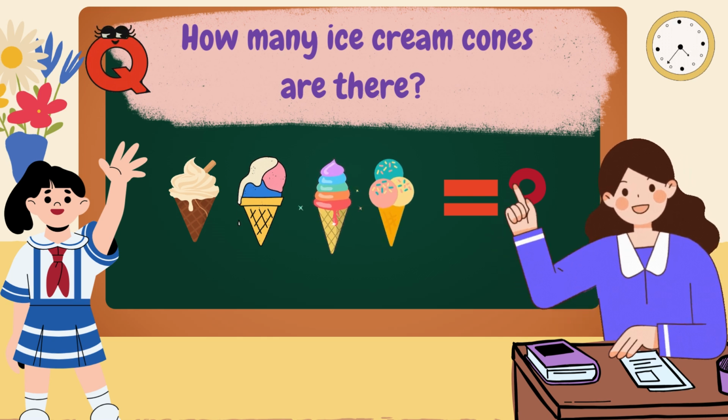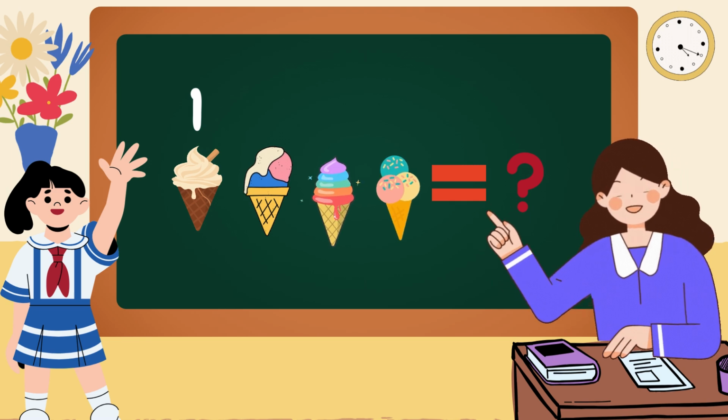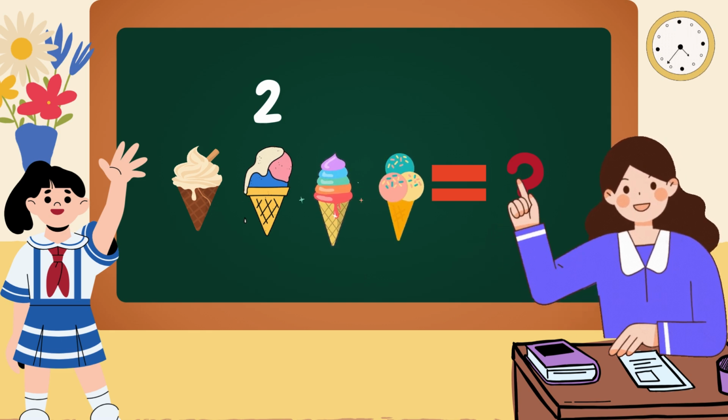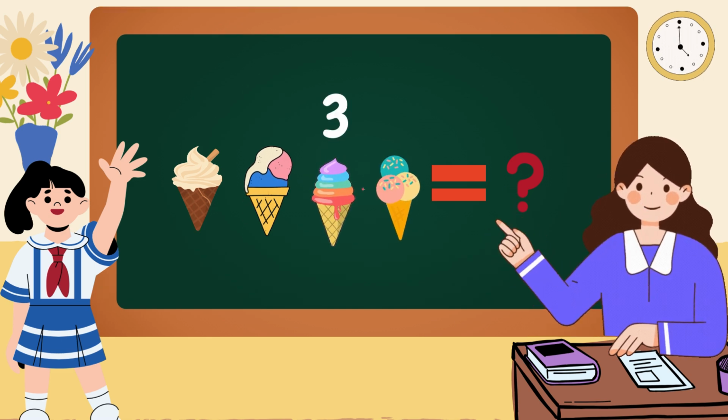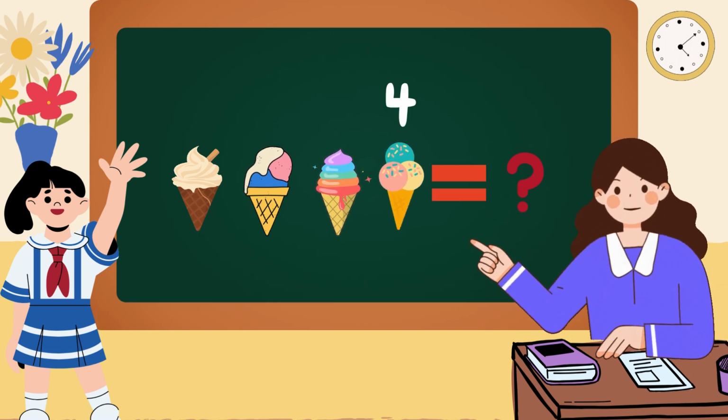How many ice cream cones are there? 1, 2, 3, 4.